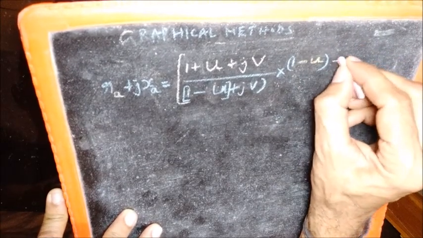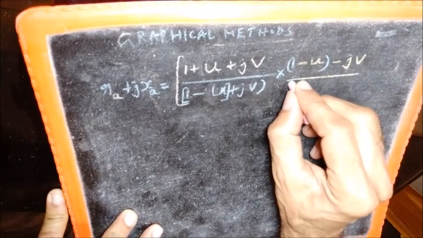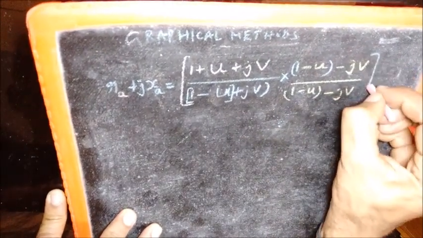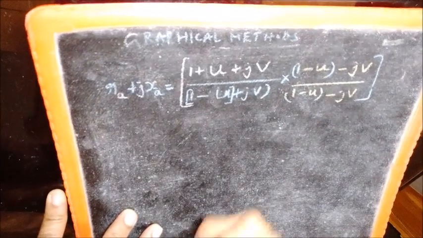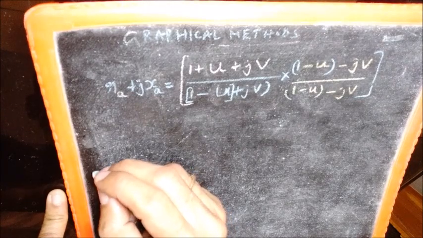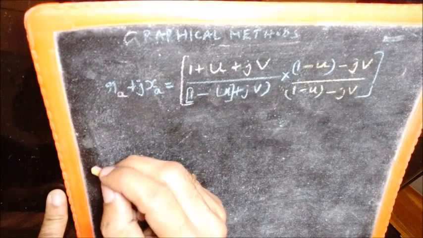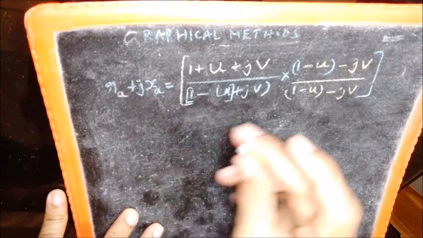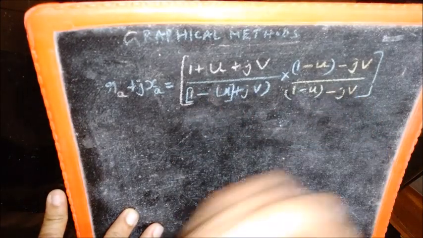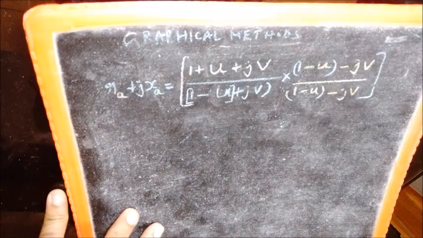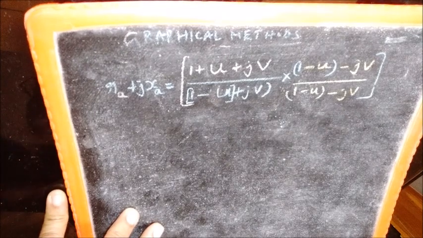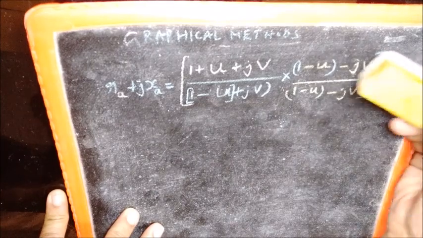So we can now write it like this. You know what it is that I am attempting to do here. So we can multiply it with this, and remember, we are multiplying both the numerator and denominator with the conjugate of the denominator. So we are trying to make the denominator real and rationalize the whole thing. And when you expand this, I will not spend time expanding it.